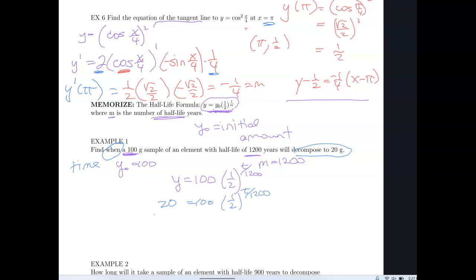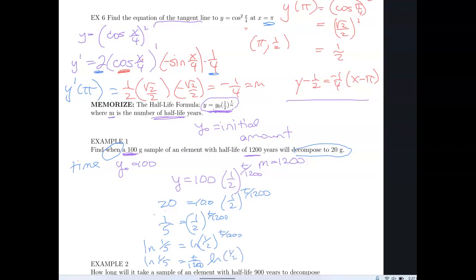So first I'm going to divide by 100, so I get 1/5 equals 1/2 to the t over 1,200. Then I'm going to take the ln of both sides. And the reason I'm taking the ln is the ln property says if I've got this exponent up here, I can bring it down in front. So that's t over 1,200 times ln of 1/2.